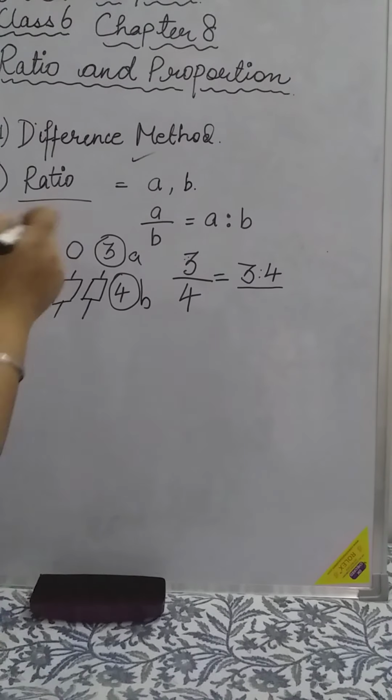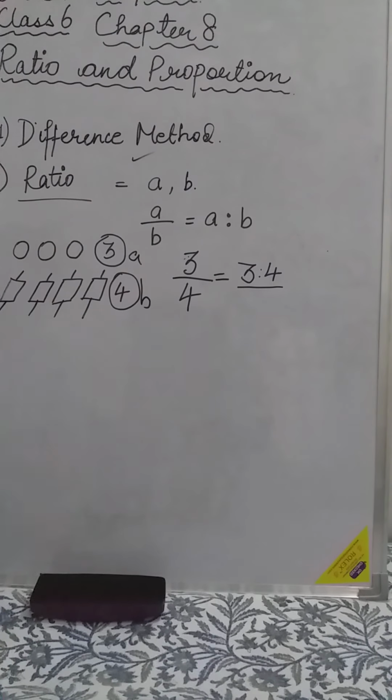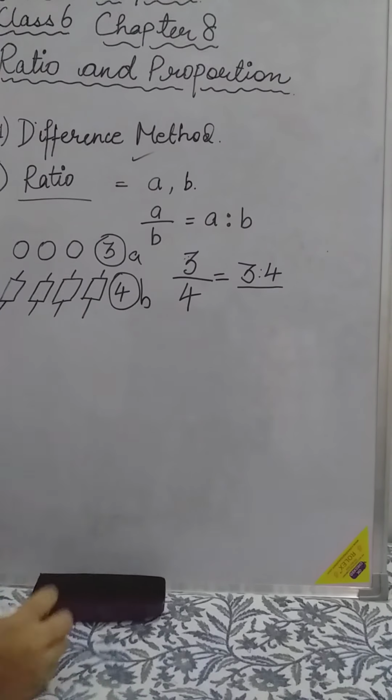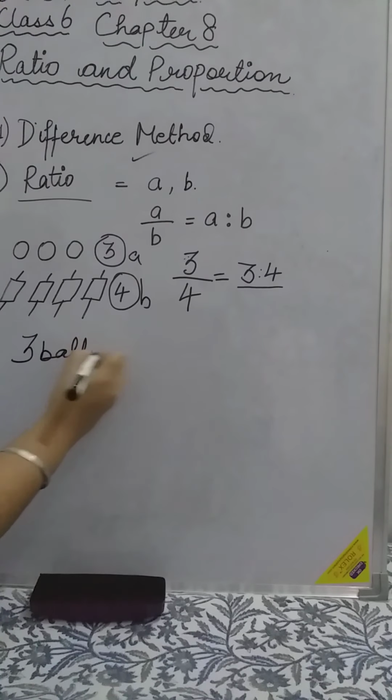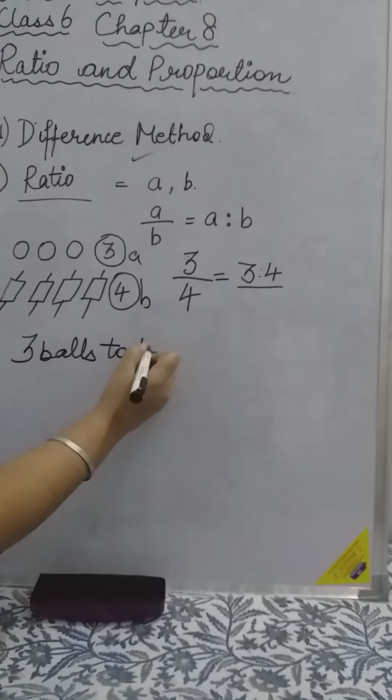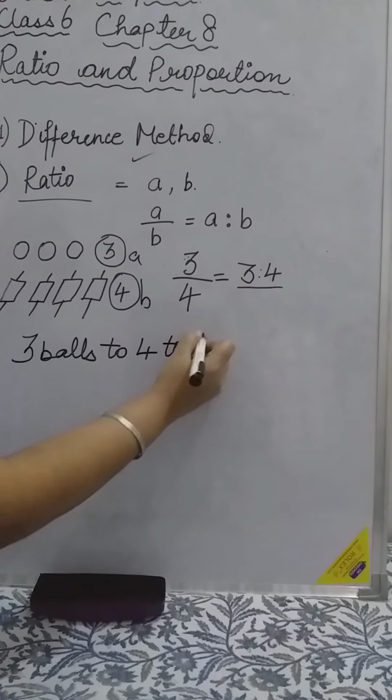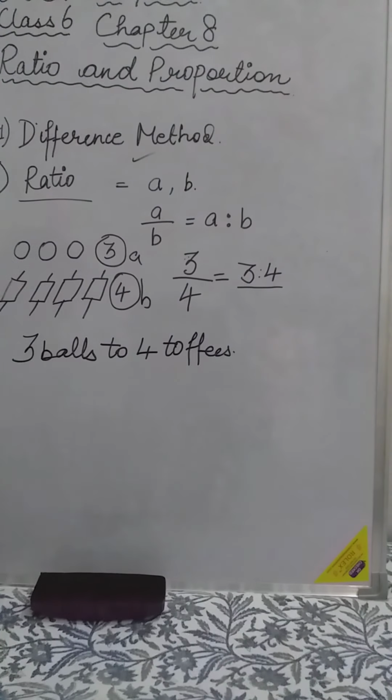One more thing. If they ask you the question, what is the number of balls to the number of toffees? You will say that there are 3 balls to 4 toffees. This is what you are going to say.